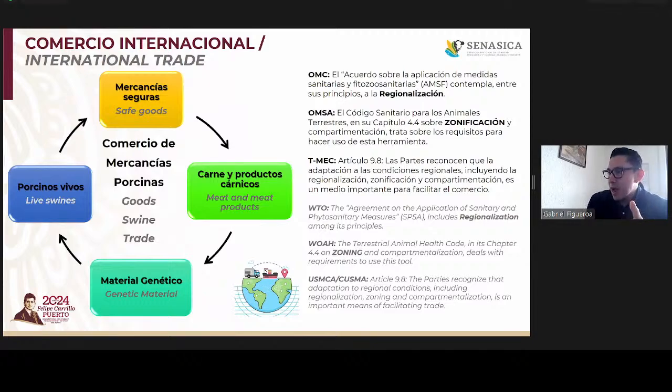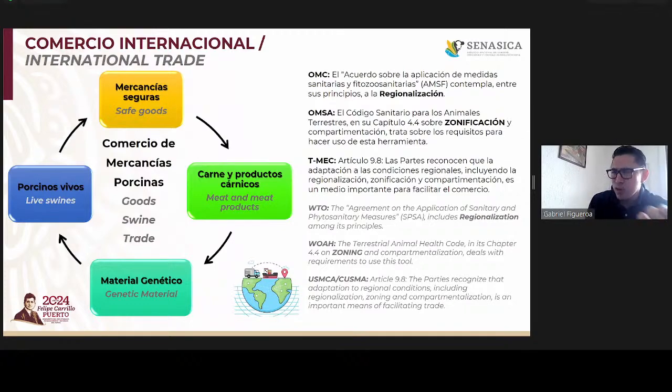And it's also important to recognize which are going to be the goods that these measures will be applied to, because we do recognize that we have important tools, including risk assessment. And based on this risk assessment, we will identify which are the goods that will be considered as safe goods, and which are those that will have measures applied to them.